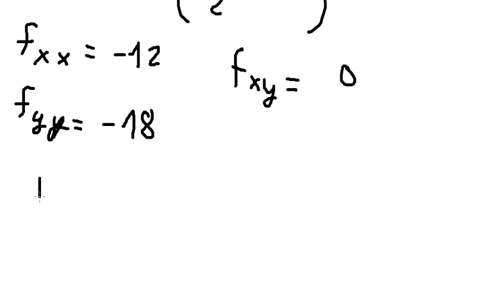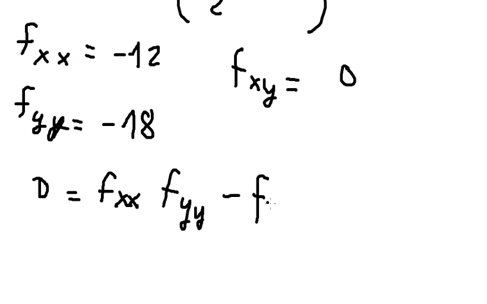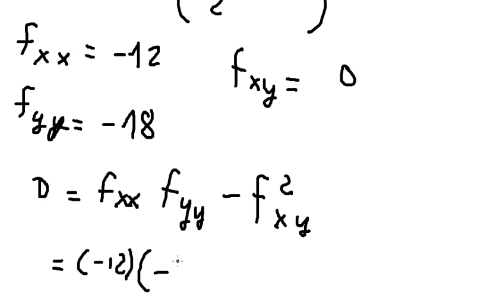And now we have D. That is f_xx times f_yy minus f_xy to the power of 2. So we put the numbers in here. This one we calculate and we have 216.